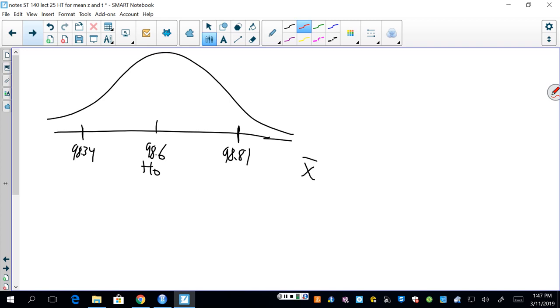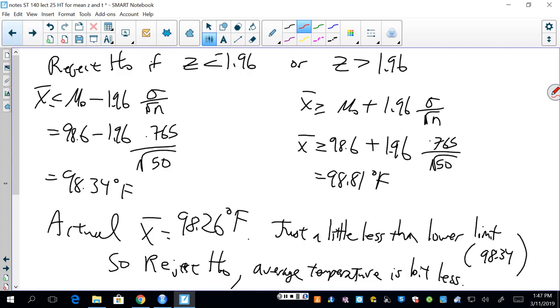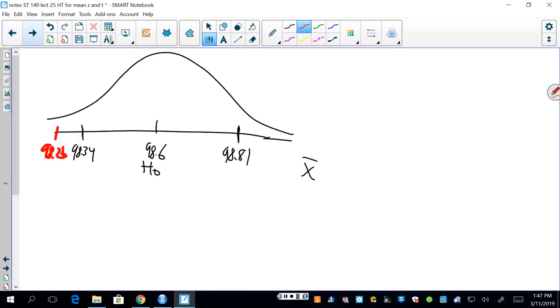And we got actually 98.26. So although it's not too great in magnitude, based on the sampling distribution, it's a little bit less than that 5%. Because it's out in this region, we do in fact reject the null hypothesis.